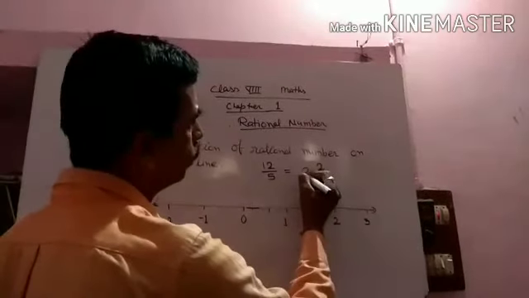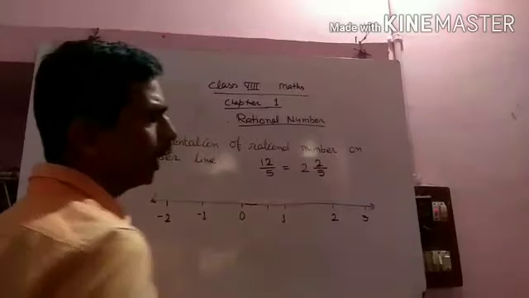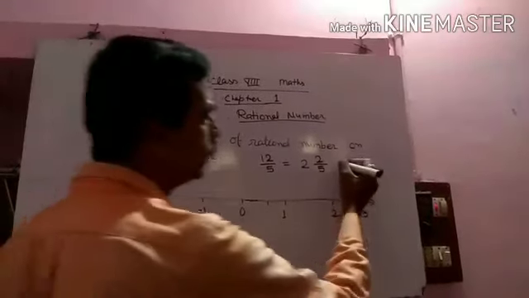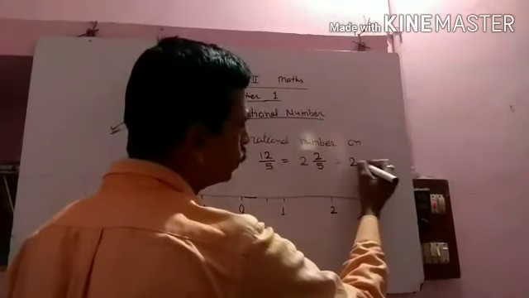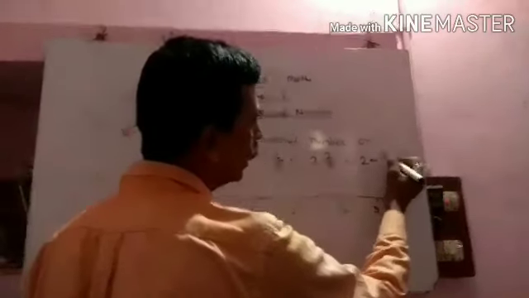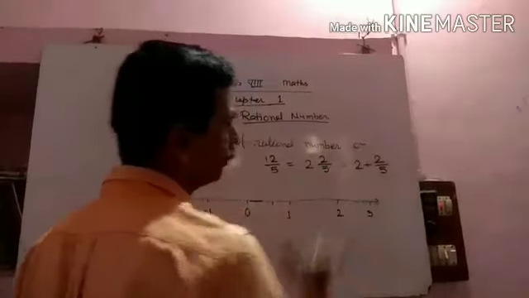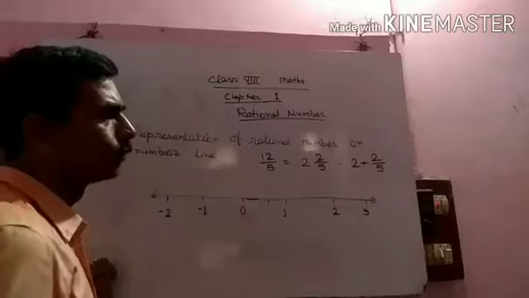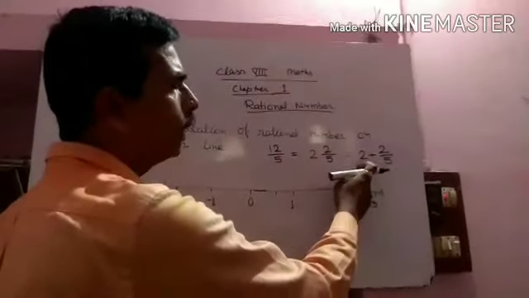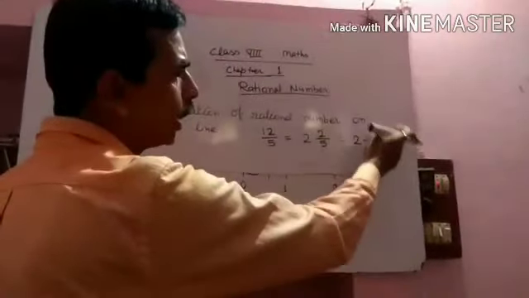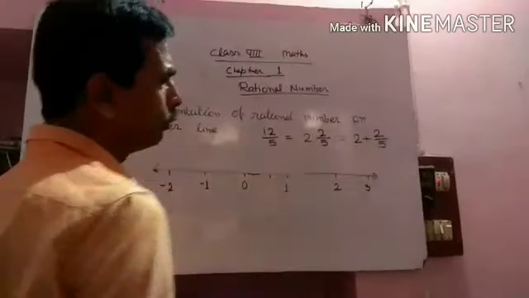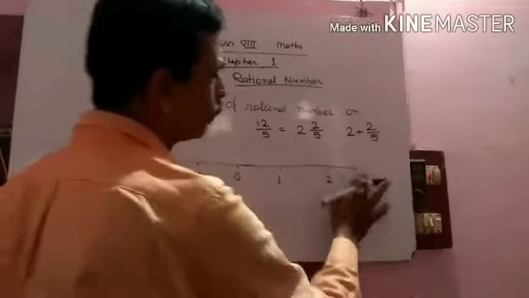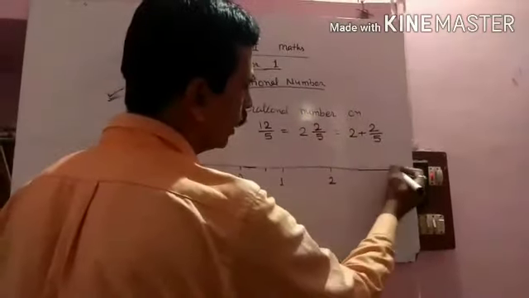It means individually this is 2 plus 2 by 5. 2 represents the whole number and 2 by 5 represents a rational number. So what do we have to do? First of all, suppose we have drawn a line like this.